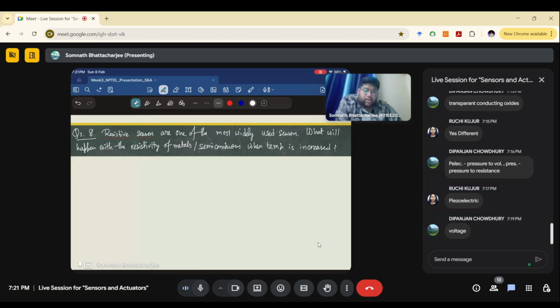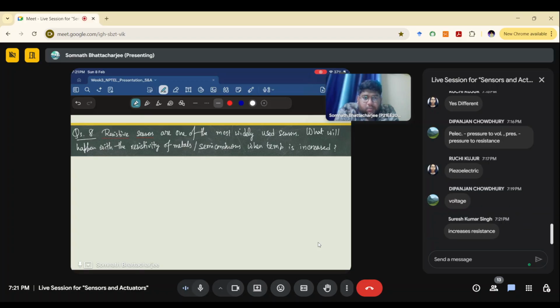So what happens when we increase the temperature in case of metals and semiconductors? Do they increase the resistance or decrease the resistance? Increases resistance, in which case? Or in both of them?